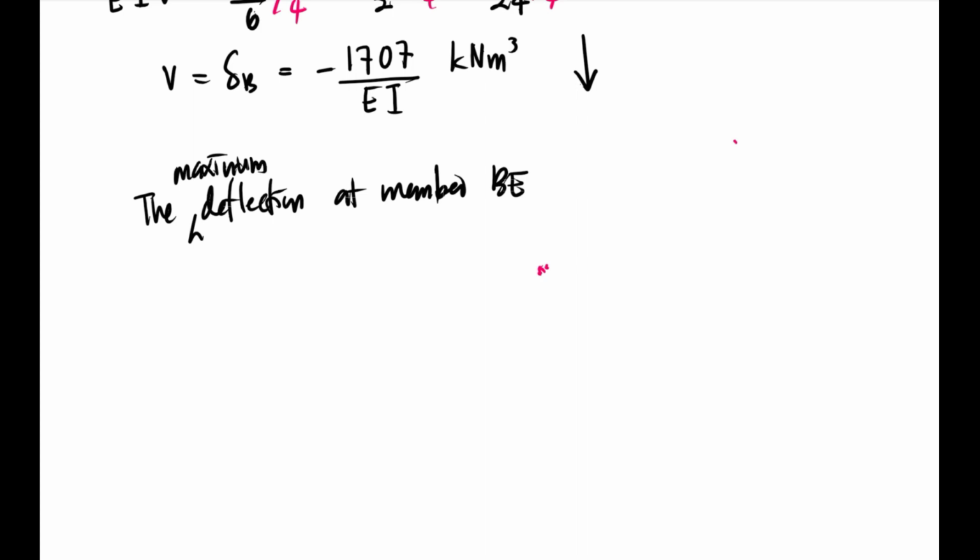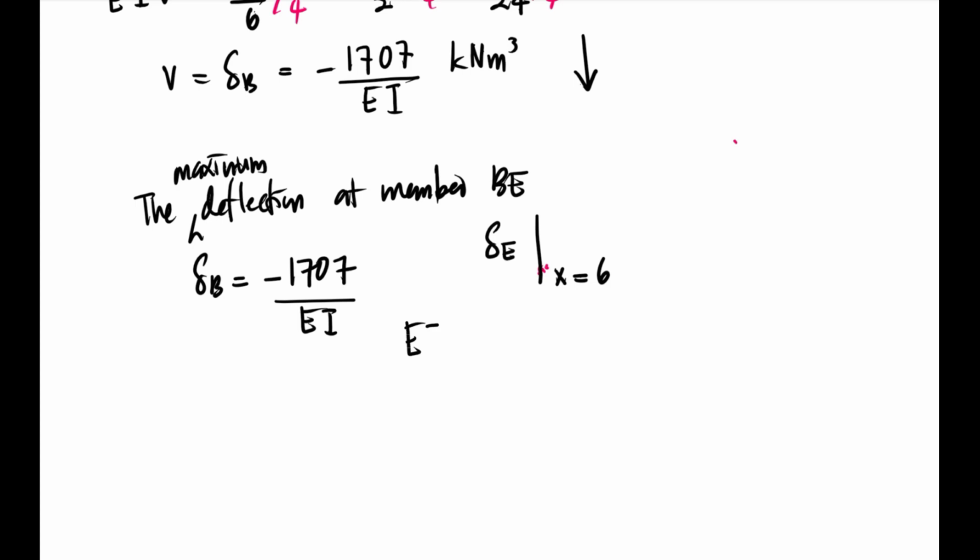So you already know the deflection at B, negative 1707 over EI. Now we need to find the deflection at E when x equals 6. In this case, we use the equation from member BE.